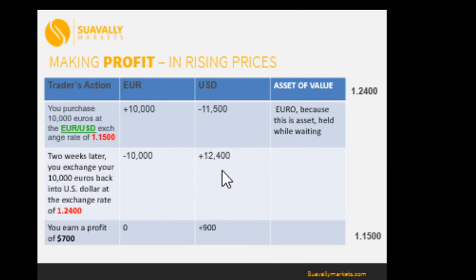You're going to get 12,400 USD, which means that you have made $900 more than the original amount that you bought it for. So you earn a profit of $900 on that transaction. This is an example of making money.